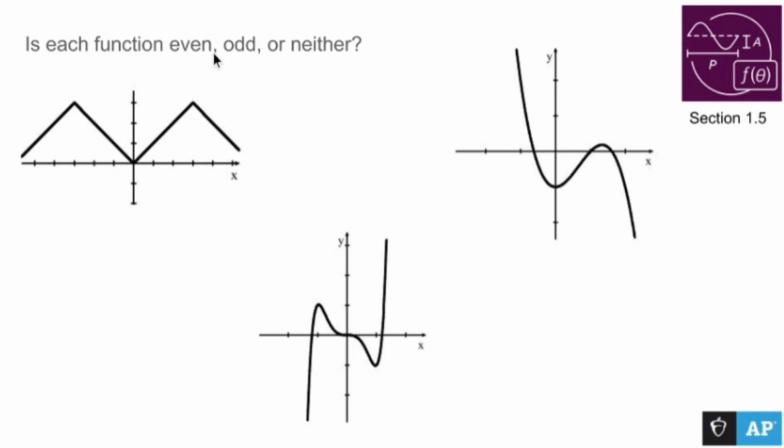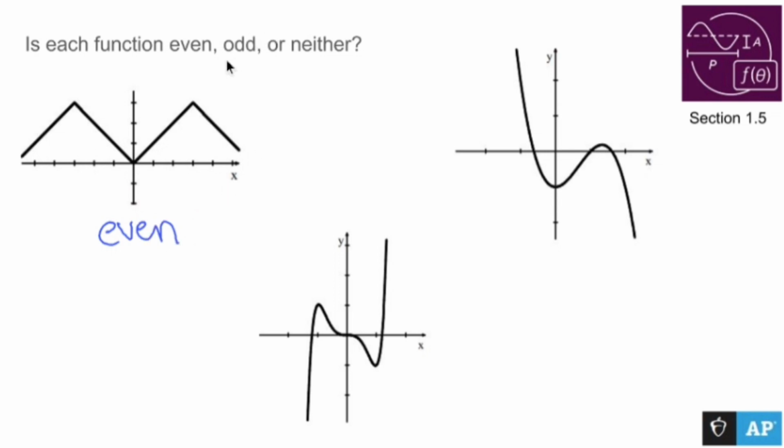Is each function even, odd, or neither? Well, first things first, an even function when graphed has a mirror reflection over the y-axis. So is the left and the right exactly the same? When I look at this guy, the left side and the right side are mirror images of each other. You are even.